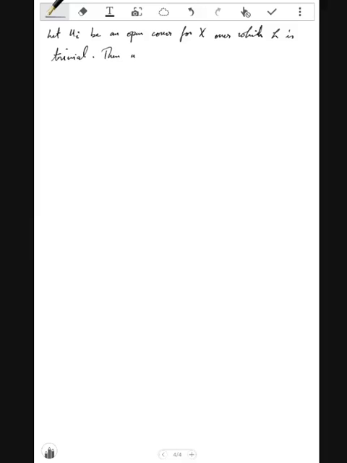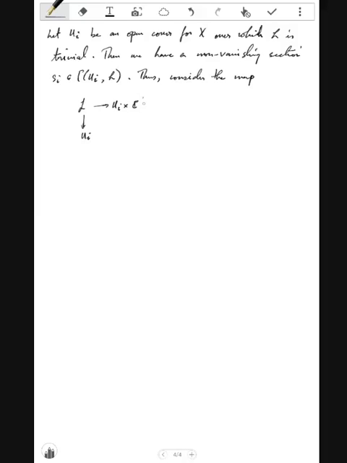So then we have a non-vanishing section s_i. Thus, consider the map phi_1.